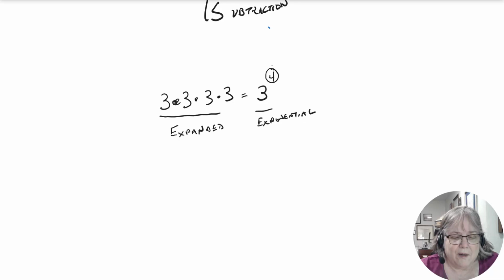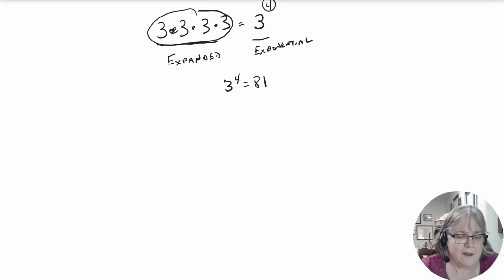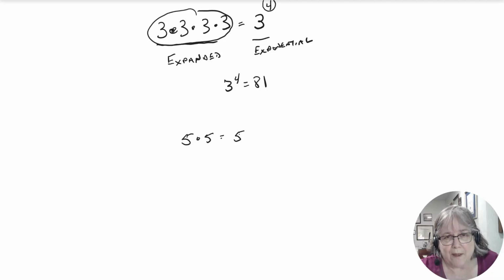So if you look at this right here, you would say, well, 3 times 3 is 9, times another 3 is 27, times the last 3 is 81. So 3 to the 4th is 81. If you have 5 times 5, that's repeated multiplication, so you have a base of 5, because that's the number that's being repeated.